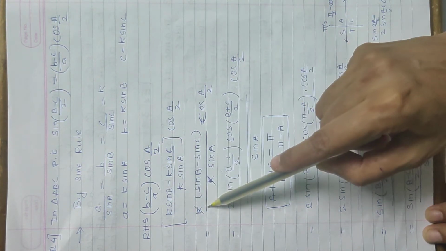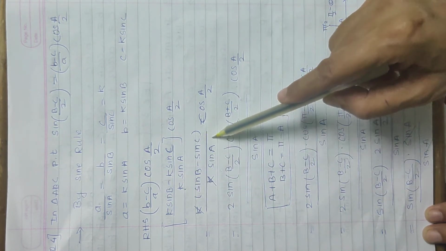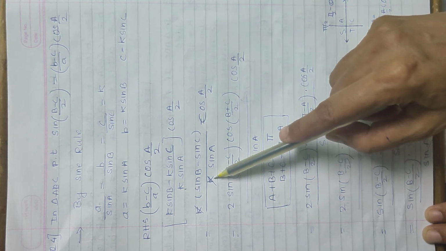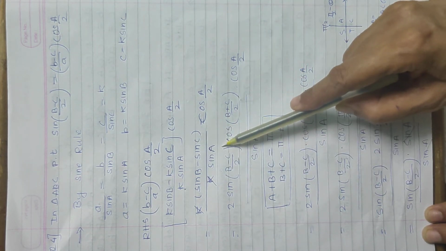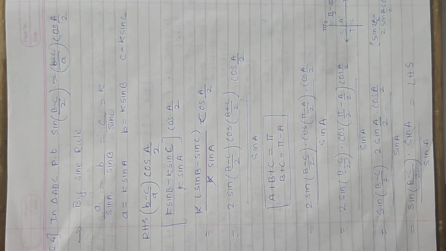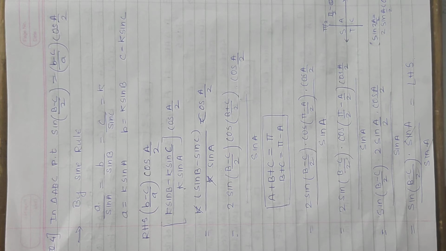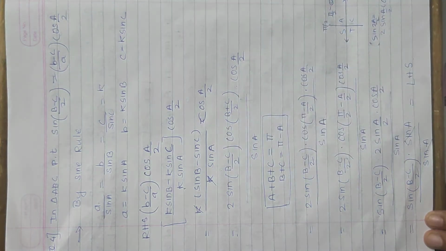Now from this take k common: sin B minus sin C upon k sin A. This k will get cancelled, and you will get sin B minus sin C upon sin A into cos A by 2. Now you should know the trigonometric formulas. Now here is the formula for sin B minus sin C.